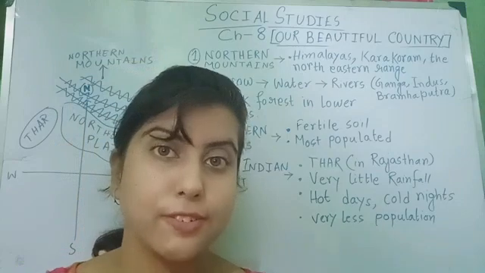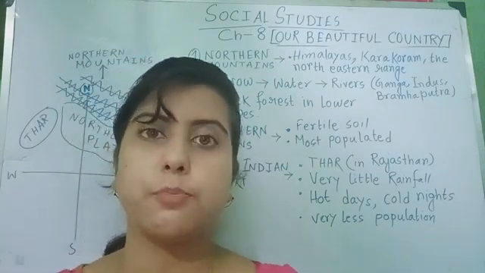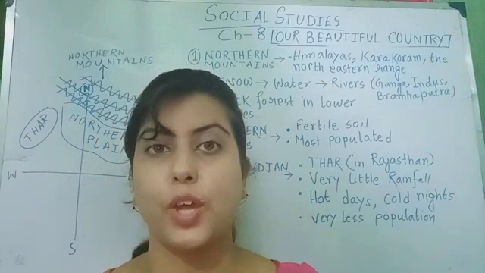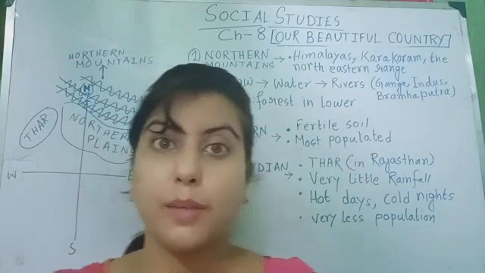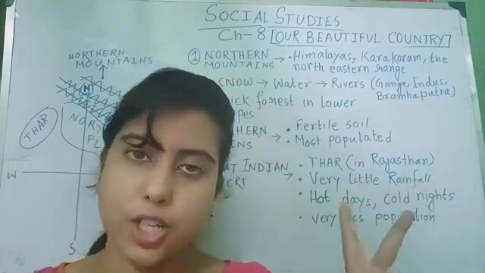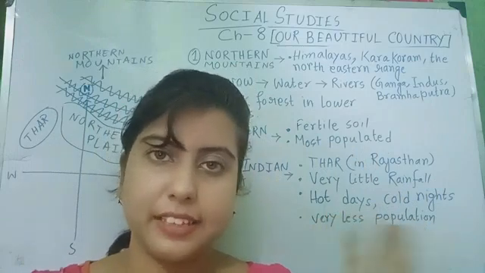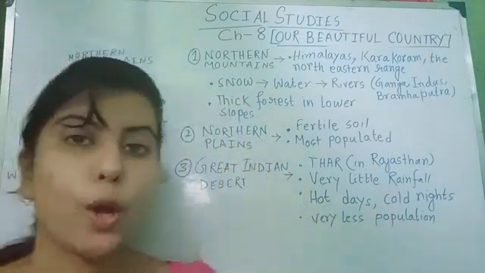And in today's world, this part of our country is the most populated part. So most of the people live in this area because of the fertile soil, availability of water, and various other potentials. So this was northern plains.